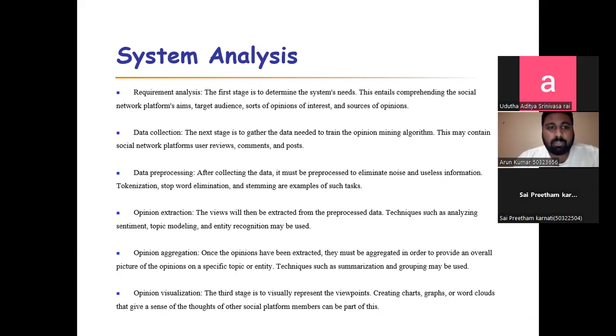We also do the data processing, opinion extraction, opinion aggregation, and opinion visualization, which is the third stage of the system. We analyze each and every piece of data by using charts, graphs, and also colors to give a sense of the thoughts. Okay, next slide.